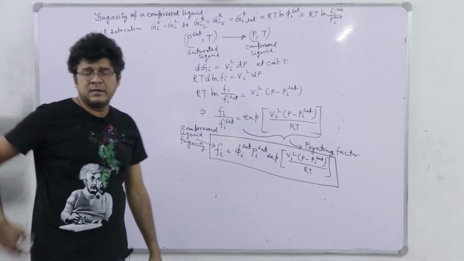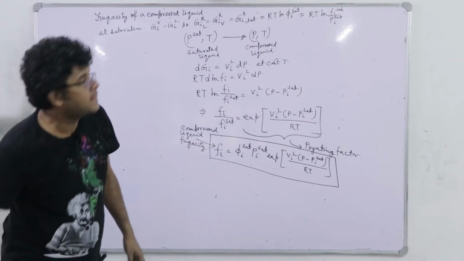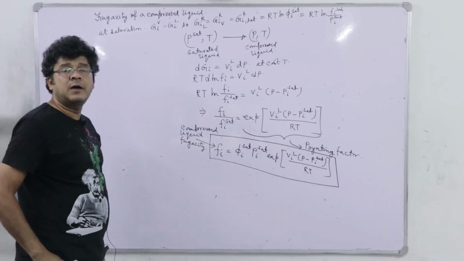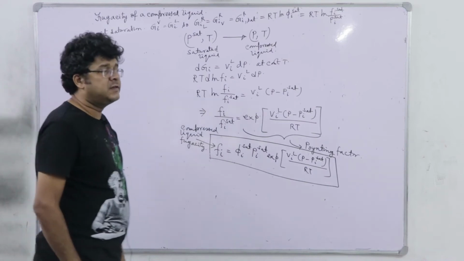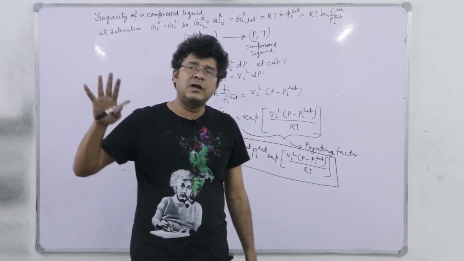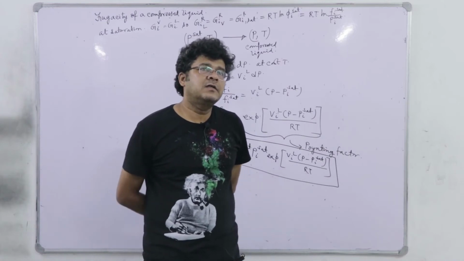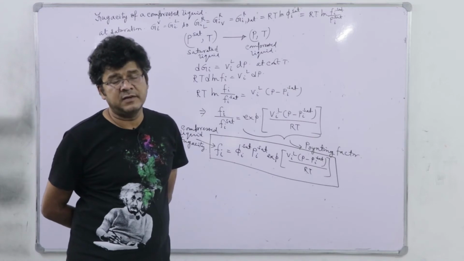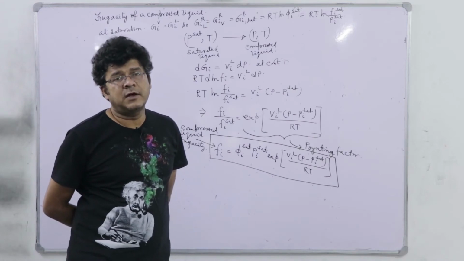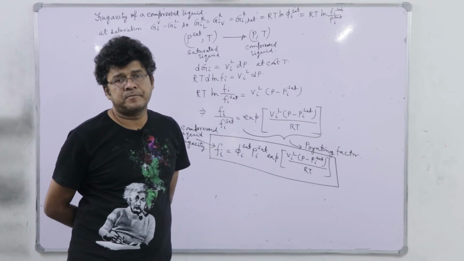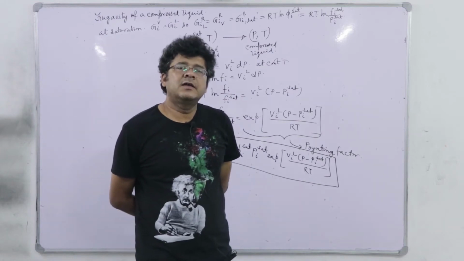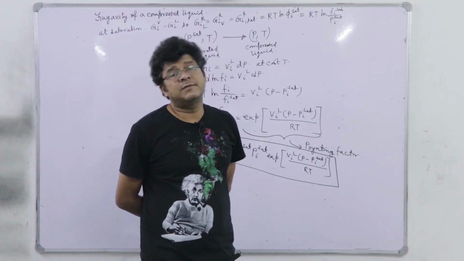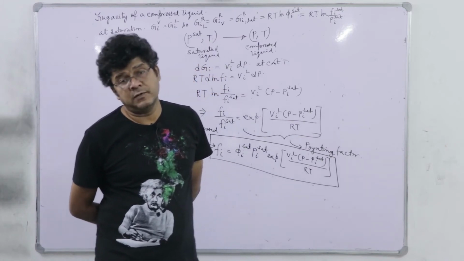So, next we are going to introduce the idea of component species fugacity. See, what is the overall framework for the single component fugacity that we discussed in the previous session? We started from the pure species ideal gas, and from there, keeping the mathematical relation intact and the dependent variable the same, we changed the independent variable from pressure to fugacity.